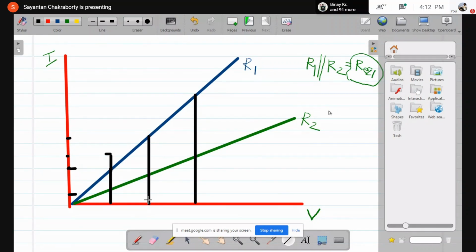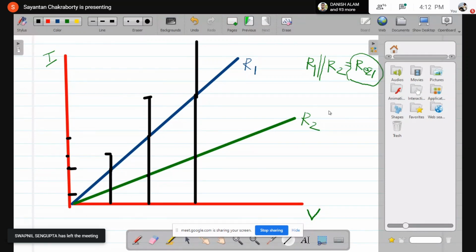Again, the applied voltage is here. Then the total current will be this plus this. So it will be something like this. Again, this will be this plus this. So total current will be something like this.